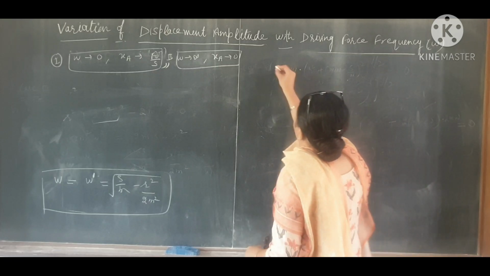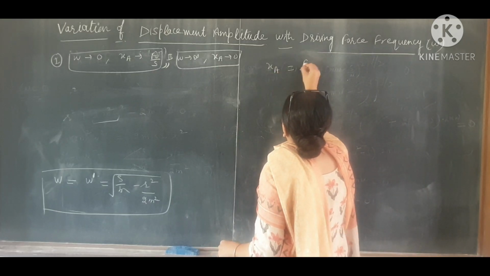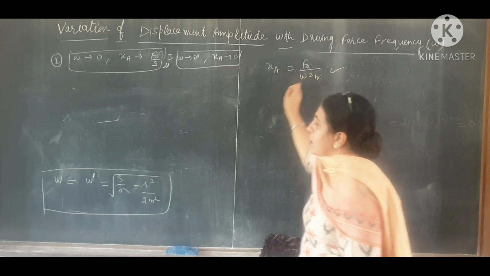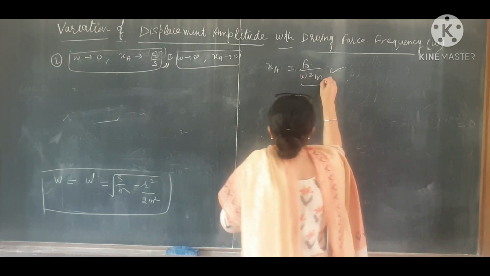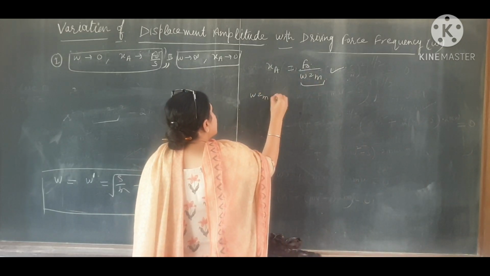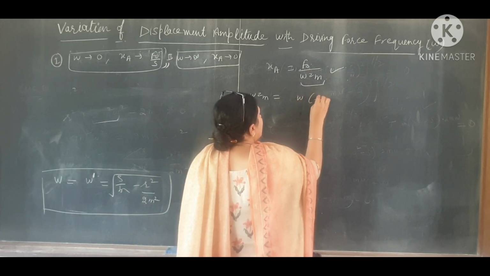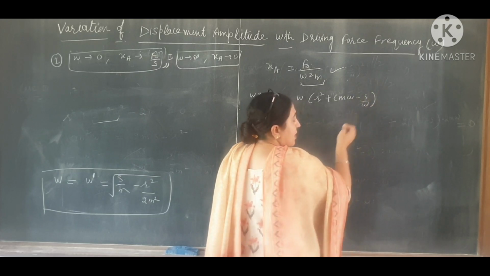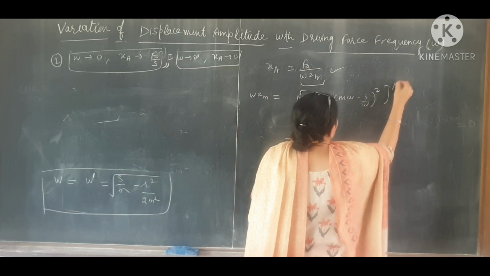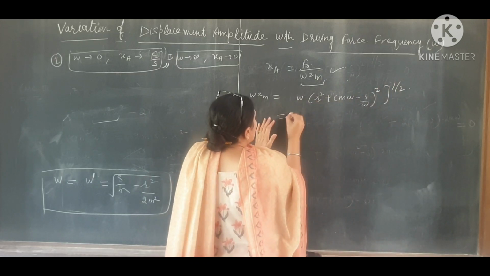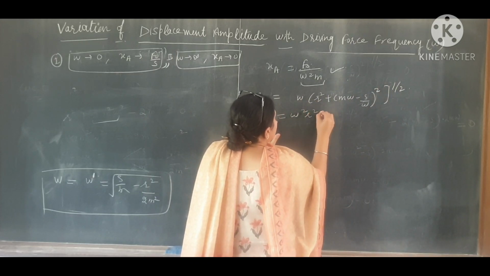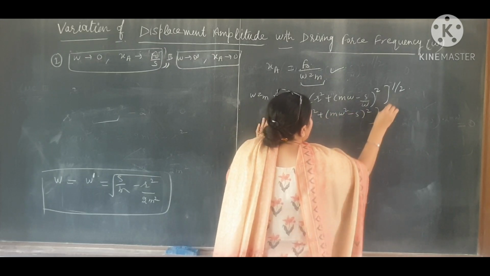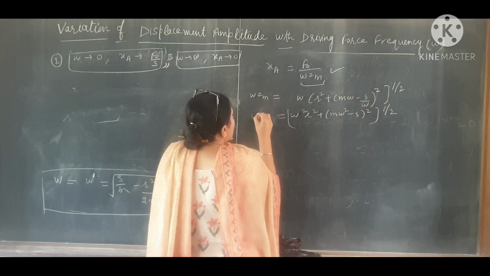We have X A equal to F naught over omega Z m, so we put this value of omega in it. First find omega Z m, which is omega into (r square plus (m omega minus s over omega) square) raised to power 1 by 2. Taking omega inside, it is (omega square r square plus (m omega square minus s) square) raised to power 1 by 2.